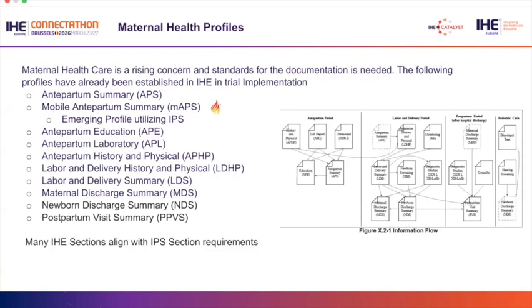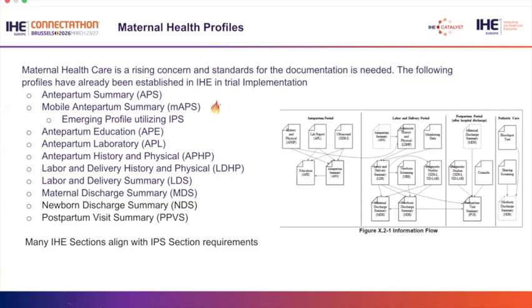We also have an emerging profile that we expect to be published any day now, officially for trial: the mobile antepartum summary profile. This is a FHIR profile that utilizes the antepartum summary, antepartum education, antepartum labs, and antepartum history and physical profiles and combines them into a proper FHIR summary.